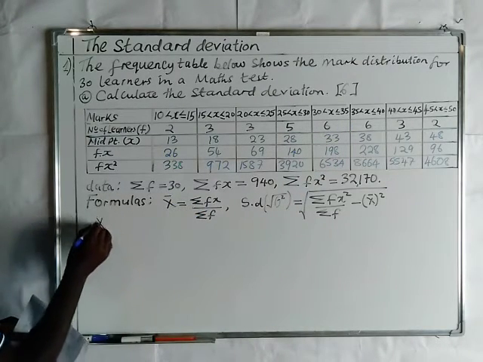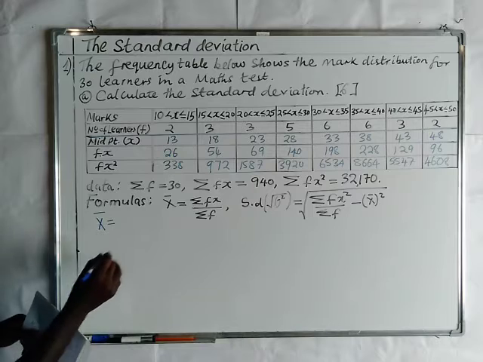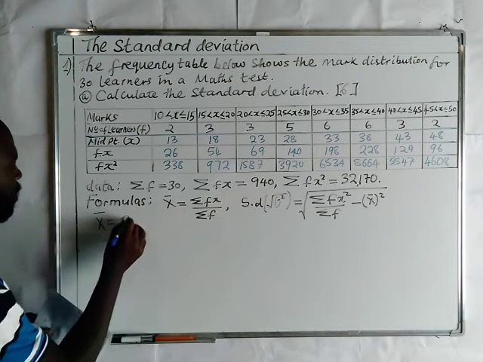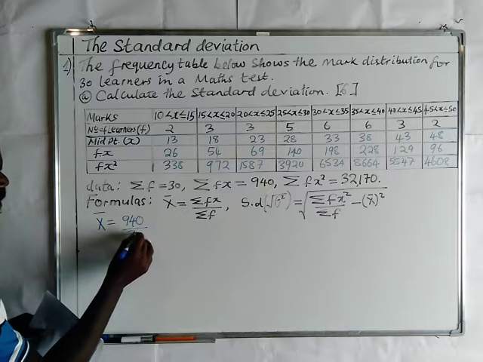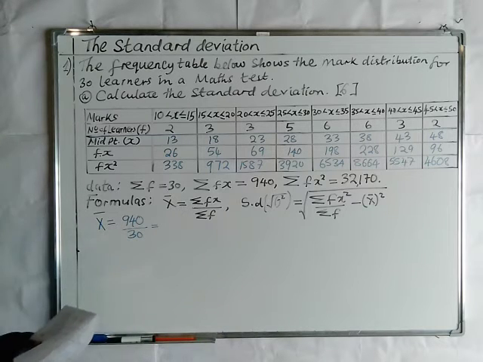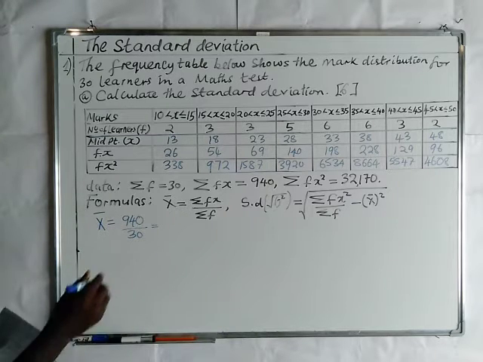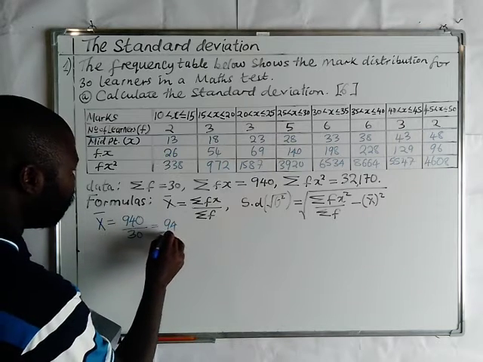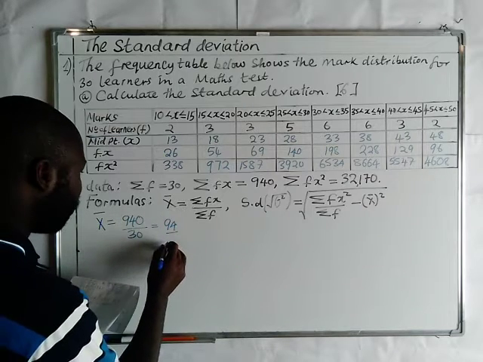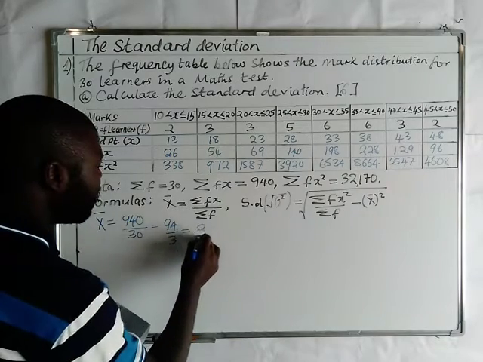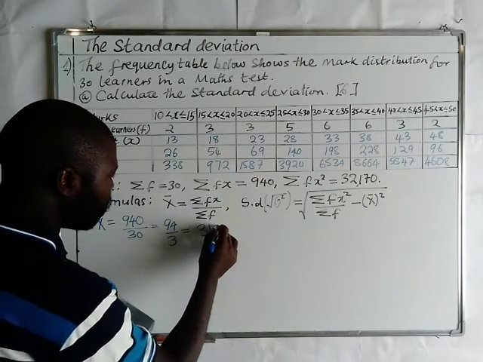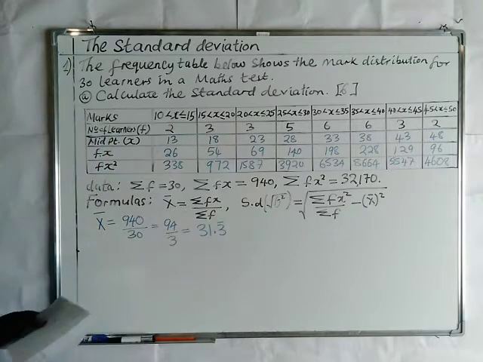So we have our mean, x bar, is equal to 940 over 30, which is giving us 94 over 3, which is giving us a decimal 31.333. So it simply says 31.3 recurring.